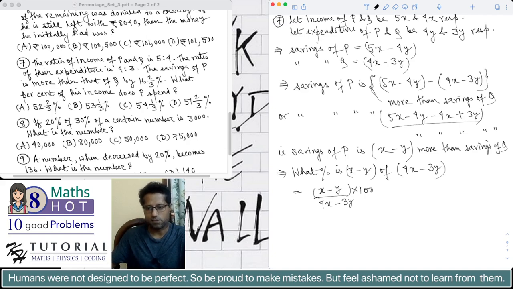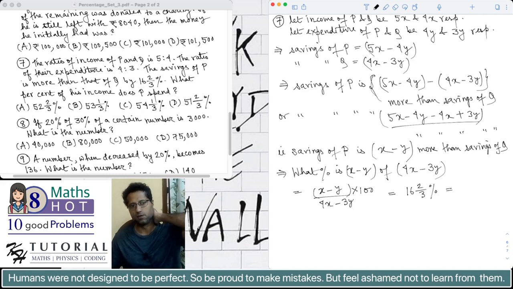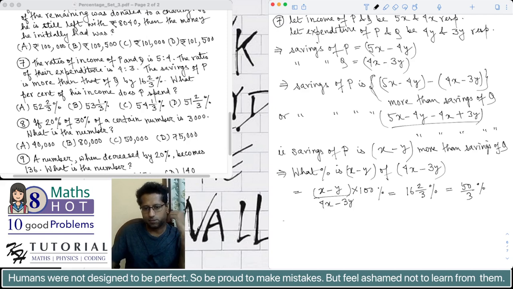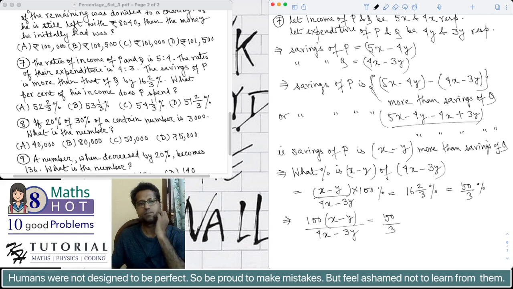And this is given to be 16 and 2 by 3 percent, which, if you convert the mixed fraction 16 and 2 by 3, is 50 by 3 percent. Hence we can say that 100 multiplied by x minus y divided by 4x minus 3y is equal to 50 by 3.